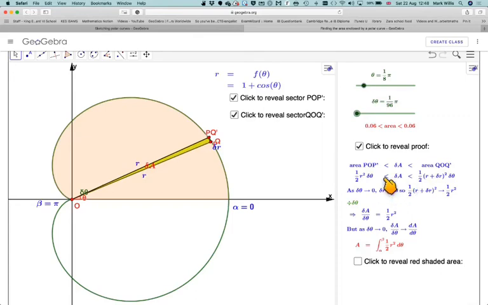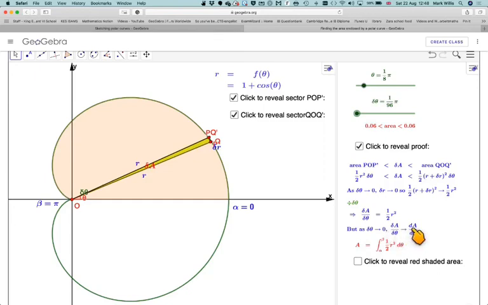delta A will approximate to a half r squared delta theta, and then if we divide by delta theta, we get delta A over delta theta is equal to a half r squared. But as delta theta goes to 0, delta A over delta theta becomes dA over d theta. If we take limits as delta theta goes to 0, that's the definition of a derivative.